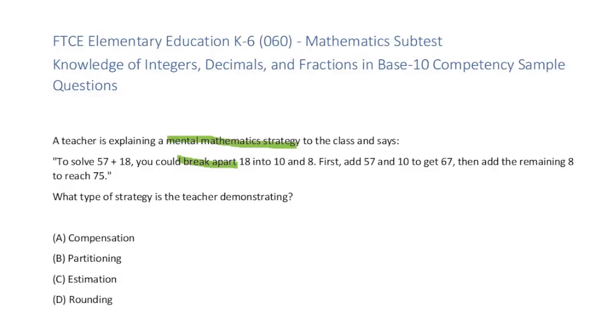So because this does not give us exact figures, this would not be the best answer choice. And for D, rounding. Well, rounding means making a number simpler by keeping its value close to what it already is. The result is less accurate, but easier to use. With partitioning, you are working to get an accurate answer, not just an answer that's close to the answer. Therefore, B, partitioning, is the best answer choice for this question.